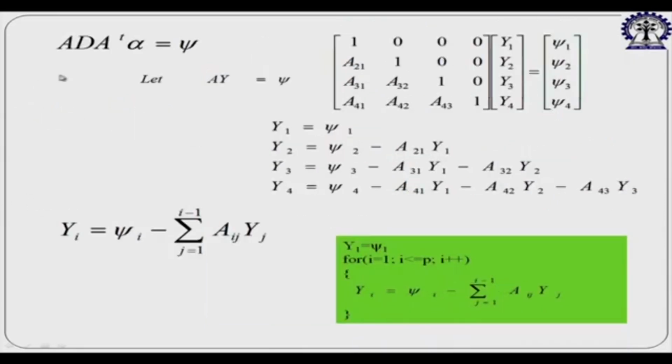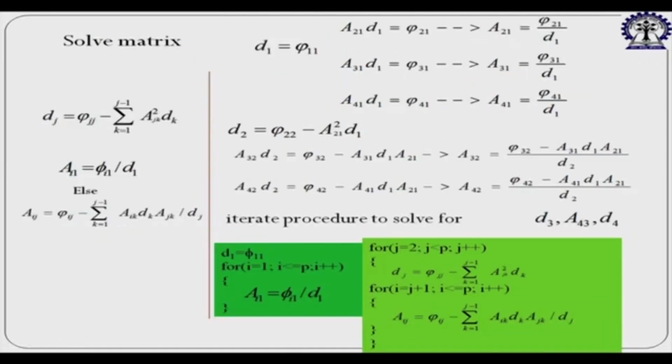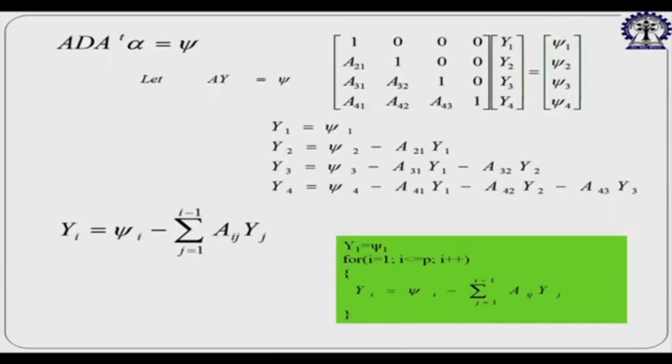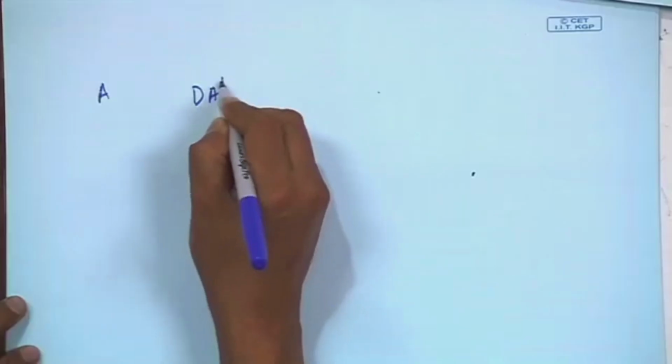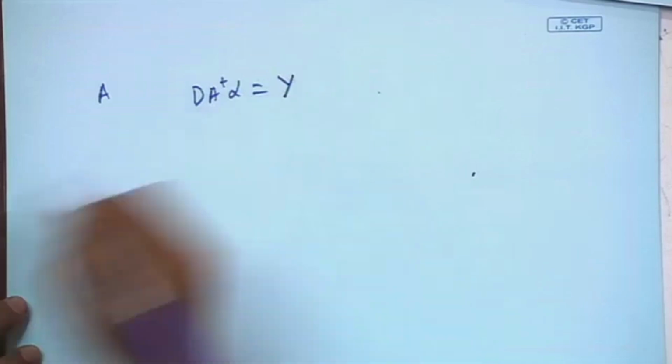Once I get the D and A values in terms of the phi values, I consider A D A transpose alpha equal to this one, and instead of A into alpha, I write A into Y. So, D A transpose alpha is equal to the Y matrix.